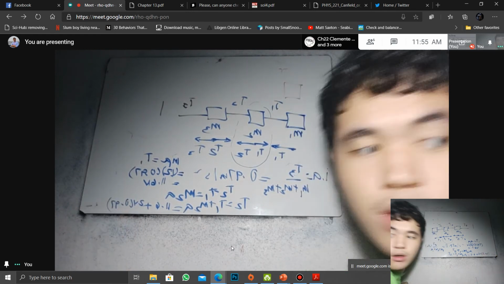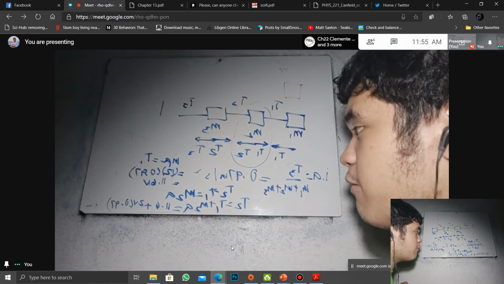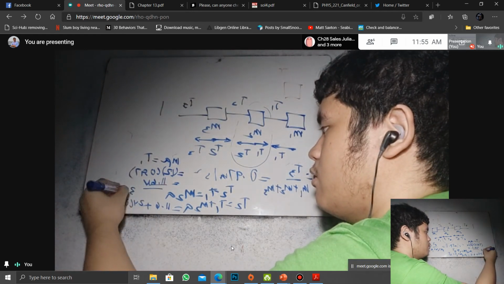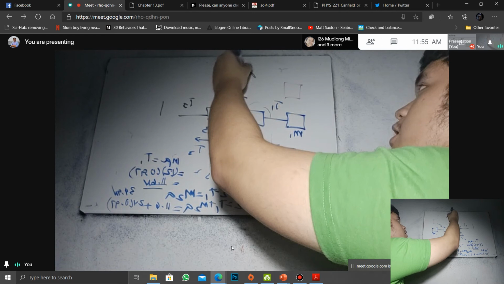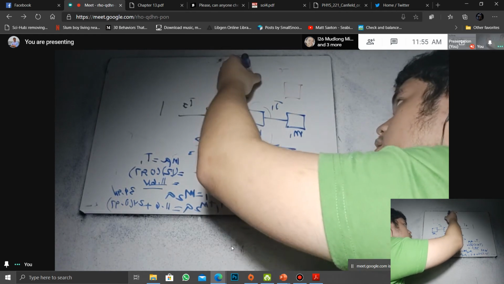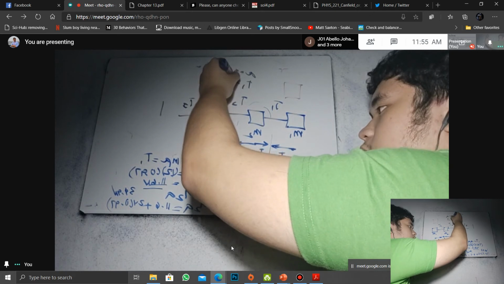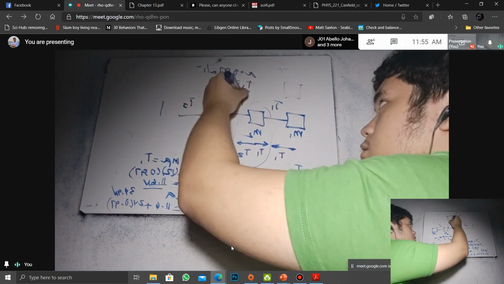You should get 34.9 newtons in the end. So, acceleration equals 0.97 meters per second squared. T1 equals 11.6 newtons. T2 equals 34.9 newtons.